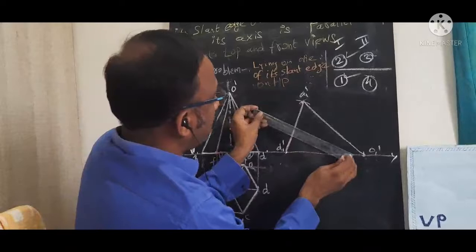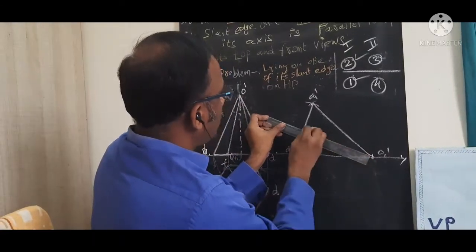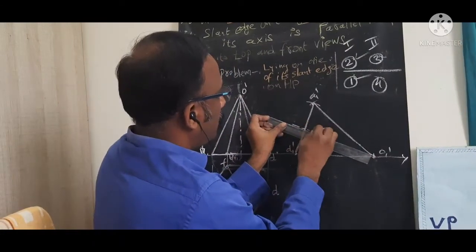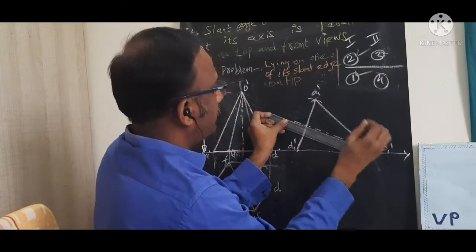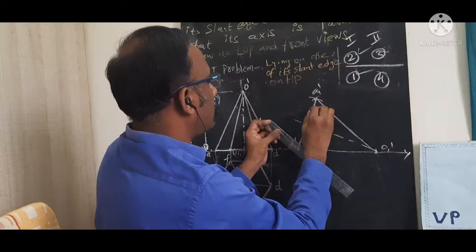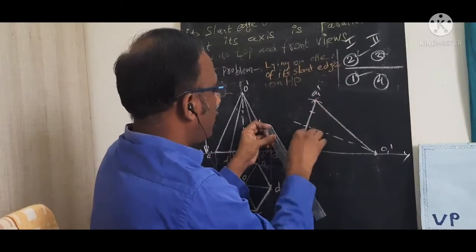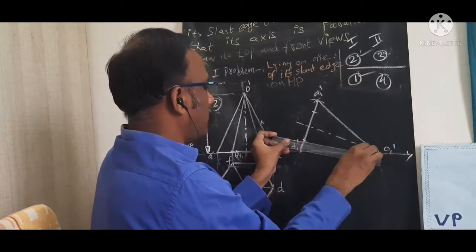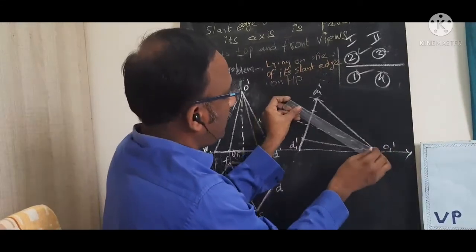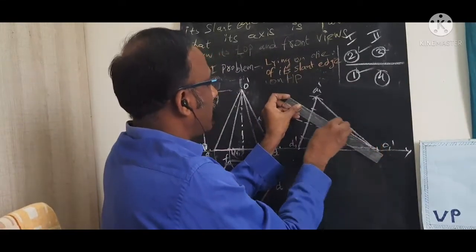Similarly, you mark the axis line. It goes through this center point. This is its axis line, right? Now we need to mark the other base points. You need to connect these lines.